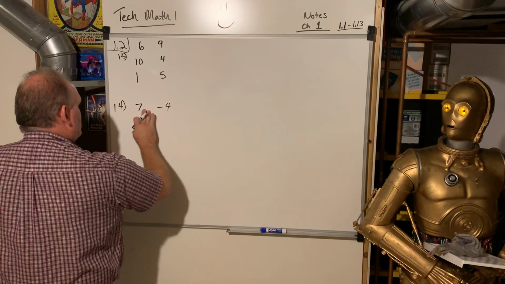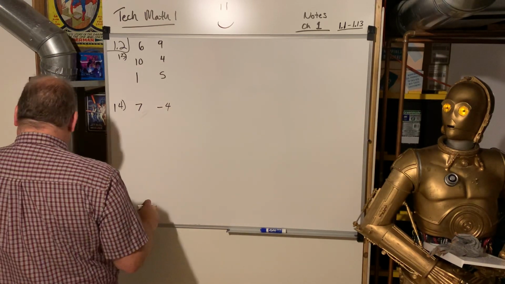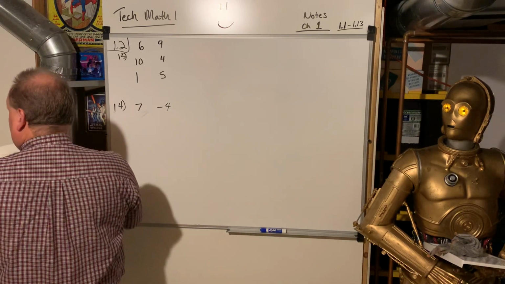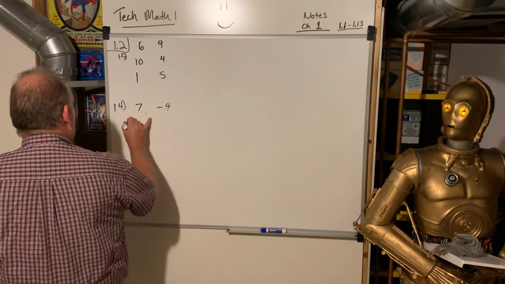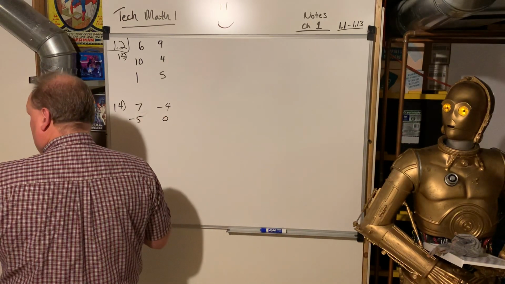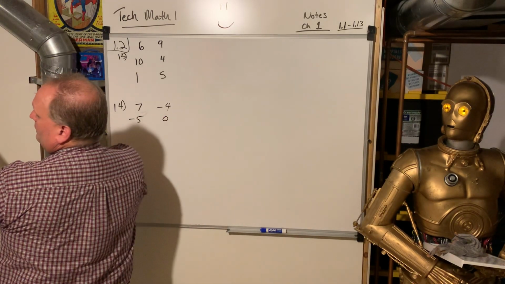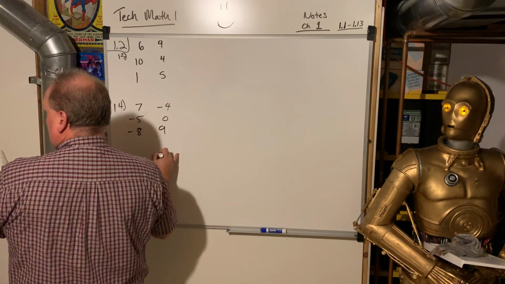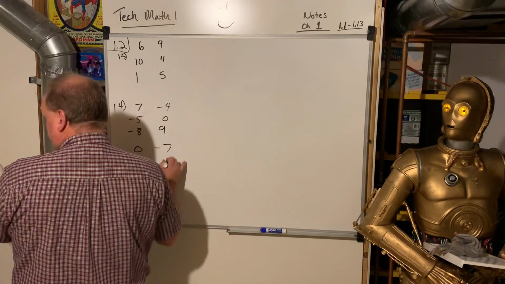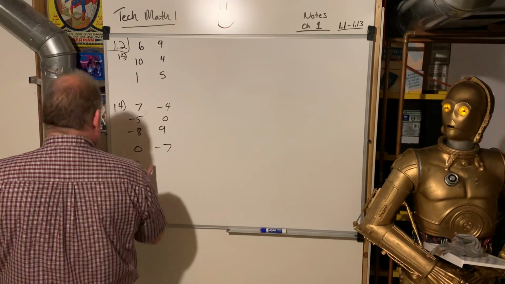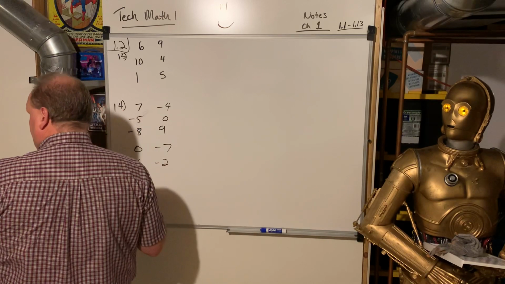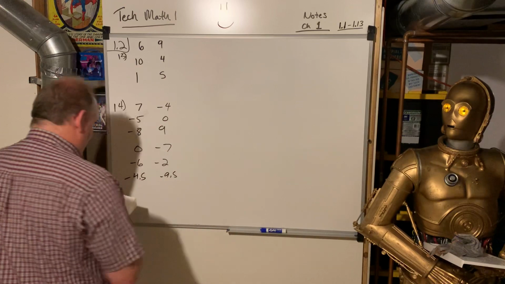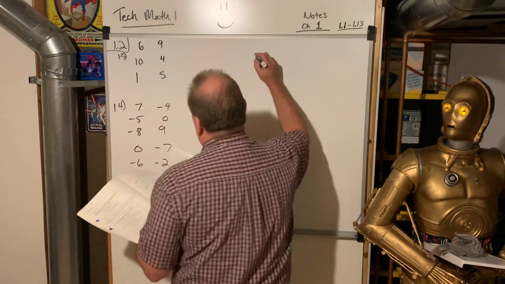I want you to think they're equals signs. What else? We got negative 3 or negative 5. Negative 5 and 0. Negative 6 and negative 2, and negative 4.5 and negative 9.5. And then here we'll keep going.